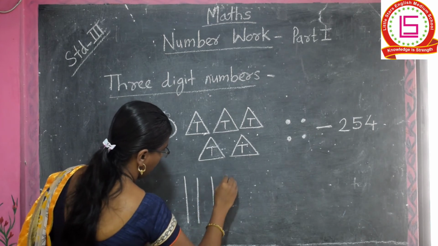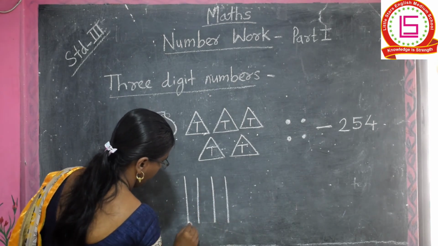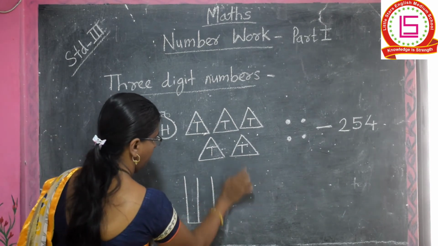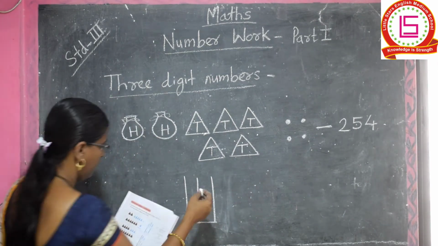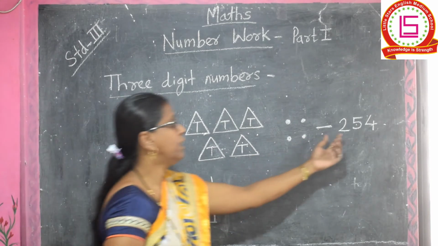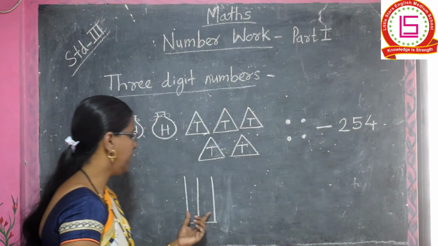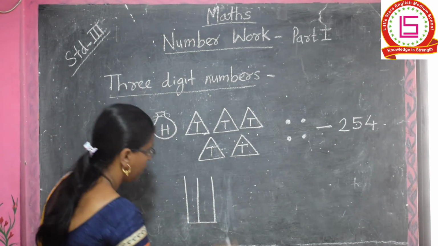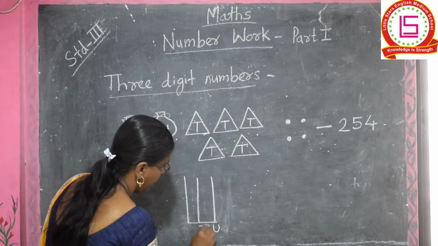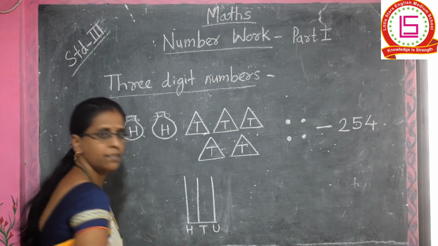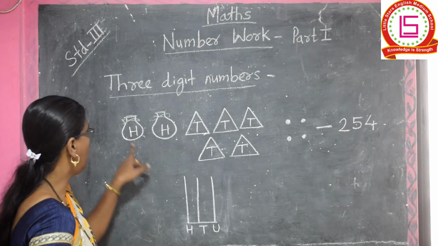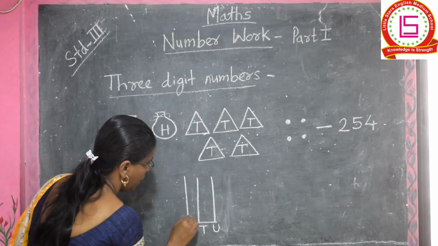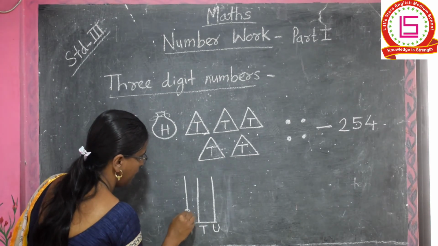Then see here, it is also shown on an abacus. One string is given for you like this. This number we have to write here using beads. This is the unit place, then tens and 100. Then see here, how many hundreds? 2. So we draw 2 beads at the 100 place.